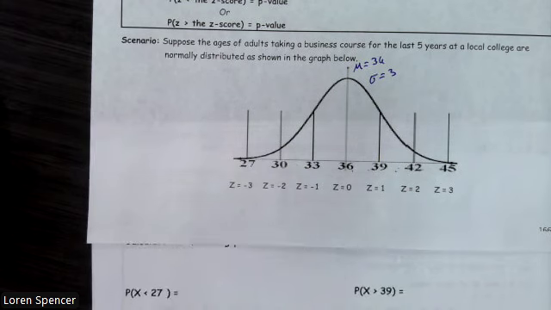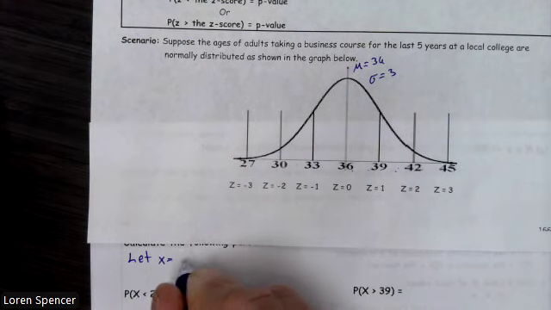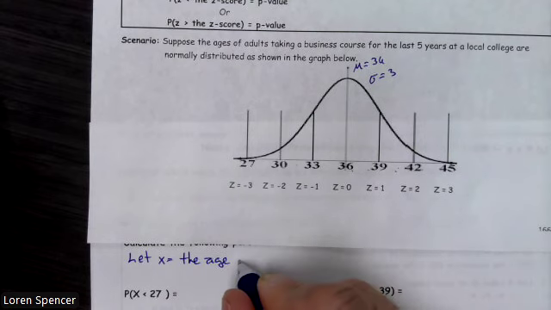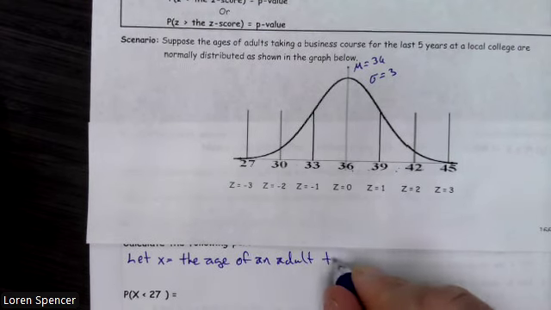Okay. The first thing, we want the probability that x is less than 27. Well, first off, we need to define x. We're going to define it one time. Let x equal the age of an adult taking a business class.